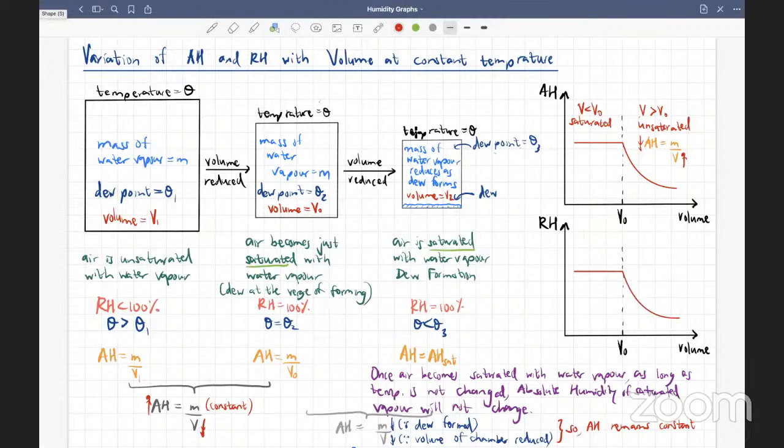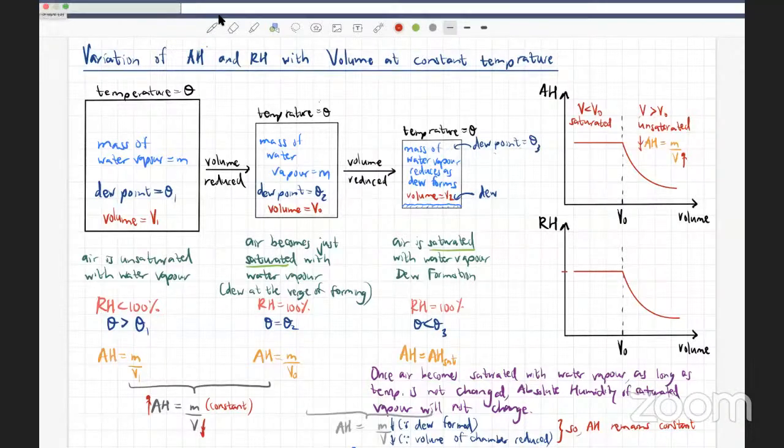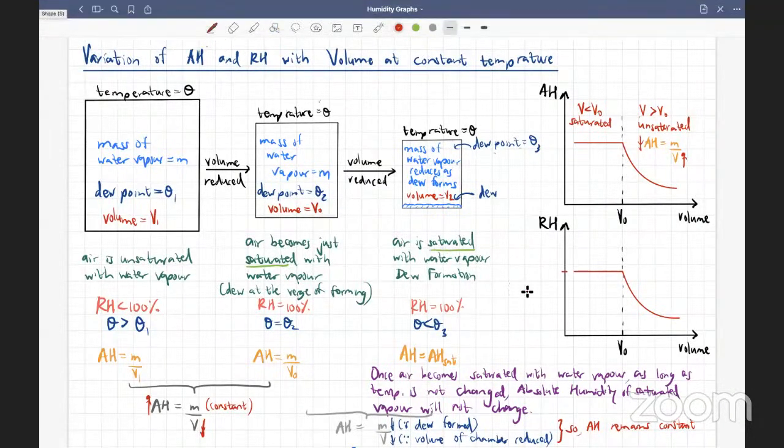So here, the value is 100 percent. Here V is less than V naught, so the air is saturated. When the air is saturated with water vapor, we know RH is going to remain 100.